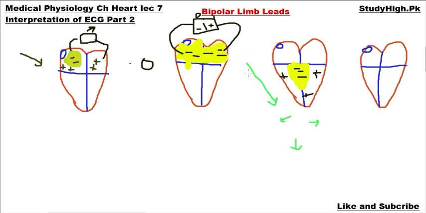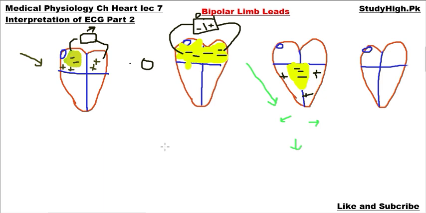And its length shows how much potential is generated by the separation of charges, and the length or magnitude of this vector will be maximum when half the area of the ventricle is in depolarized form and half in polarized form.